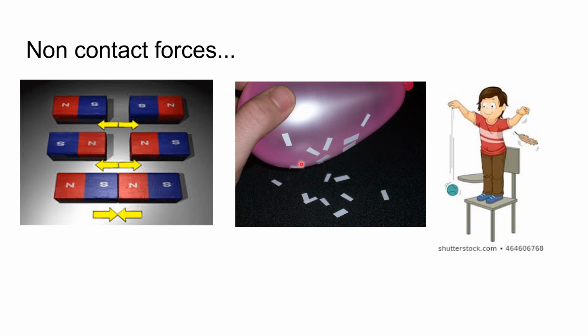Here you can see an example for electrostatic force, where they have rubbed a blown-up balloon on hair, and when they brought it closer to the bits of paper, you can see the bits of paper sticking to the balloon, which is an example of electrostatic force.